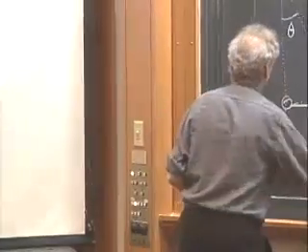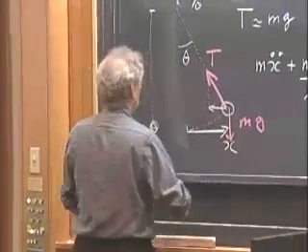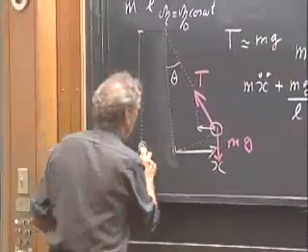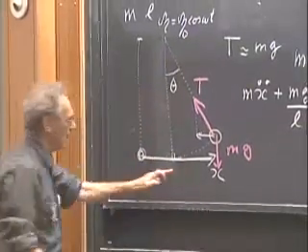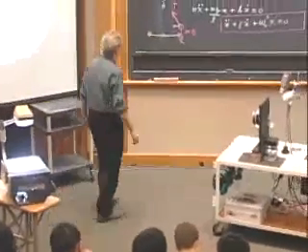So now the equilibrium position is not here. And I will call now this distance from the equilibrium position x. You always use in your coordinate system the equilibrium position as your 0.